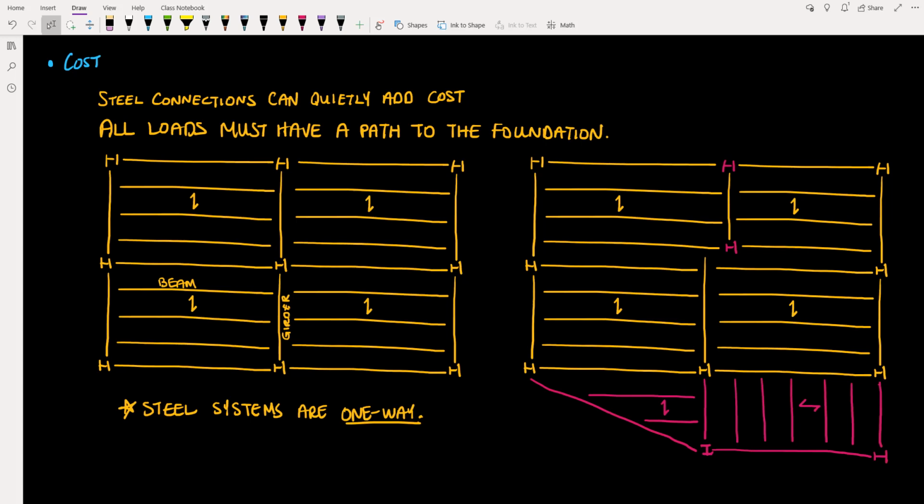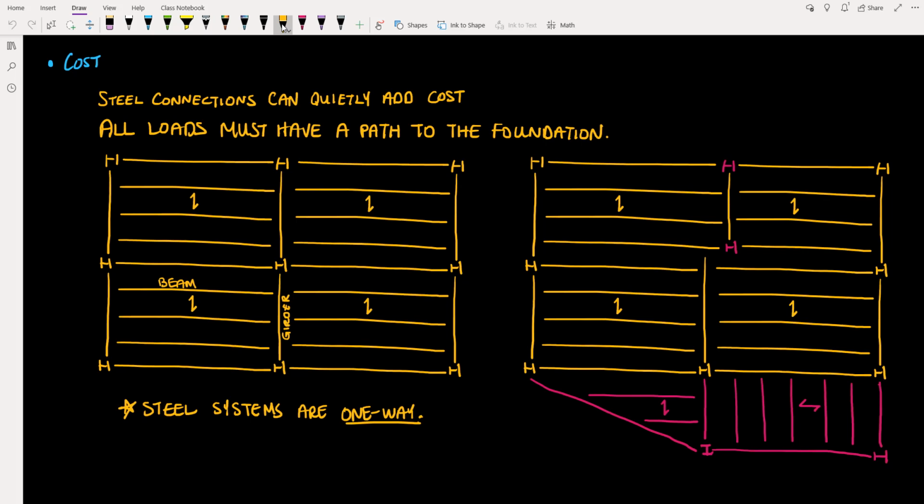Since steel is a one-way system, the load has only one direction it can travel. As we've mentioned before, in a typical steel bay, load travels from the deck to the beams, to the girders, to the columns. And so ideally with a steel building, we have these perfectly rectangular grids where all of our columns end up in a line.